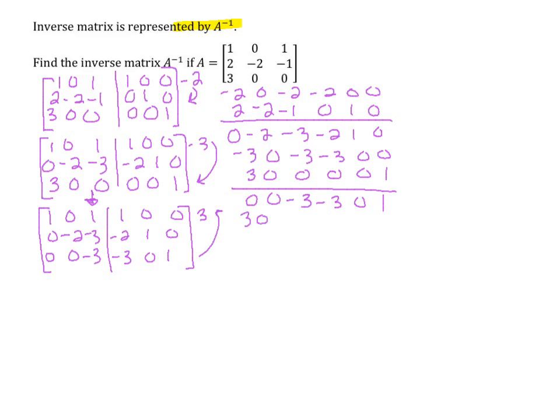So 3, 0, 3, 3, 0, 0. Adding that to 0, 0, negative 3, negative 3, 0, 1, we end up with 3, 0, 0, 0, 0, 1 as my new top row.